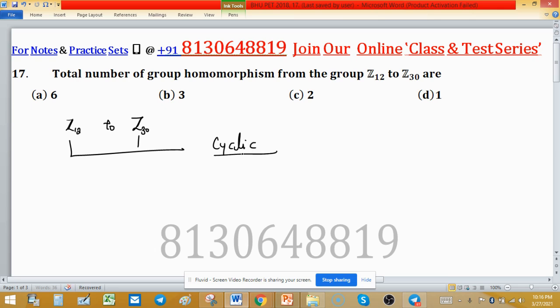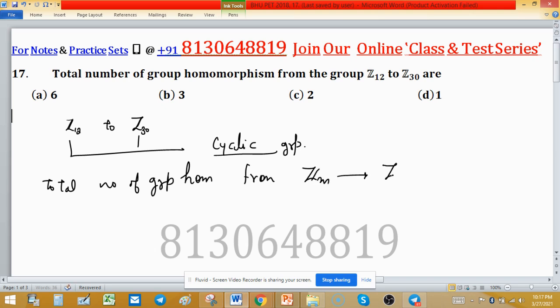So the total number of group homomorphisms from Zm to Zn is the GCD of m and n.